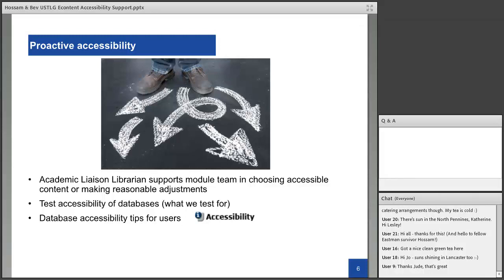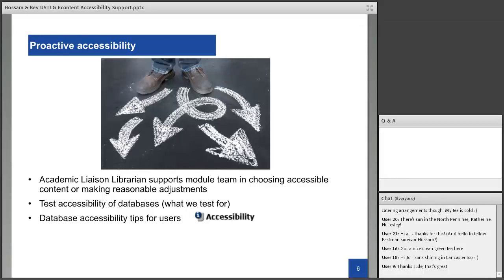We have library assistants, myself, and Jerry, who's another librarian with us. We test the databases for various criteria. For example, whether you can tab through all the content and have access to it, and whether a screen reader user can use it effectively.